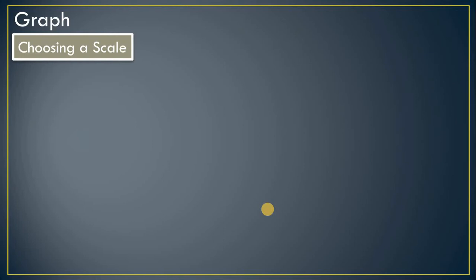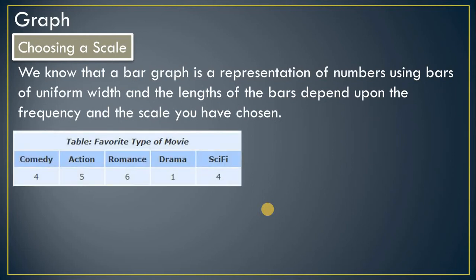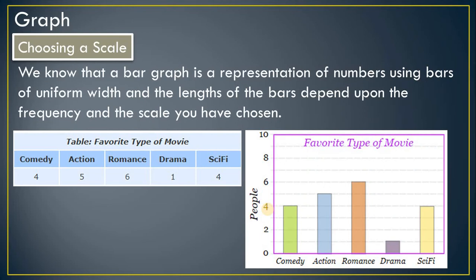And the next one is choosing a scale, how you will choose the scale. As we know, a bar graph is a representation of numbers using bars of uniform width, and the length of the bar depends on the frequency and the scale you have chosen. So here this is the information, this is the bar graph, and the scale is represented like that.